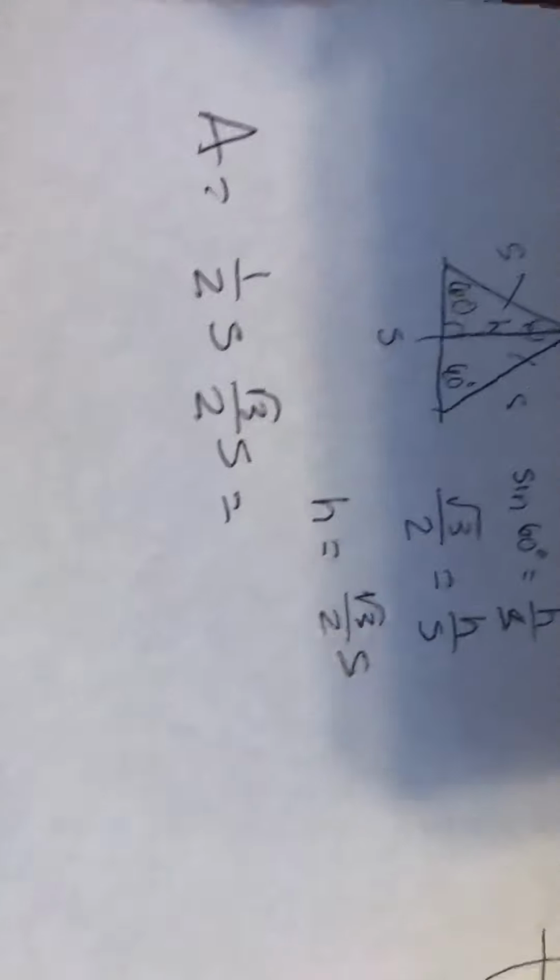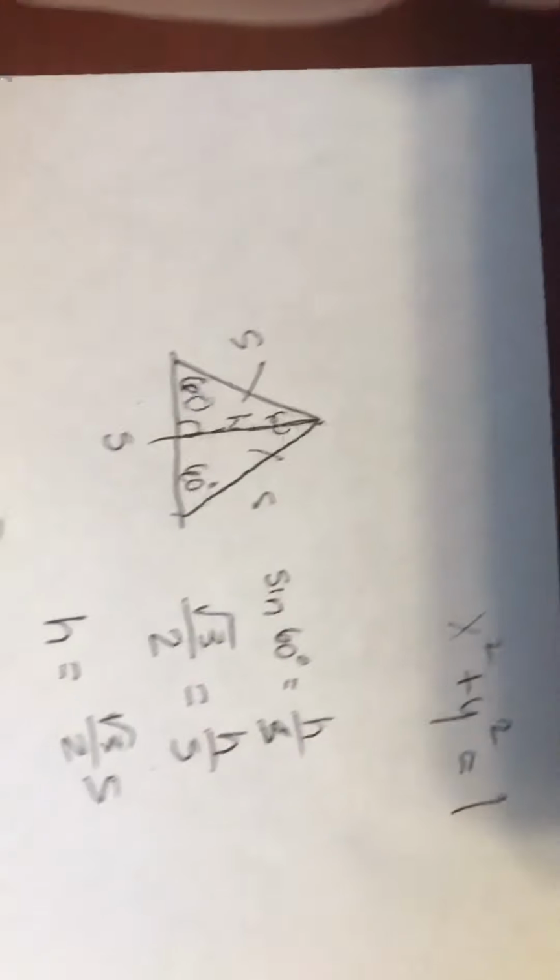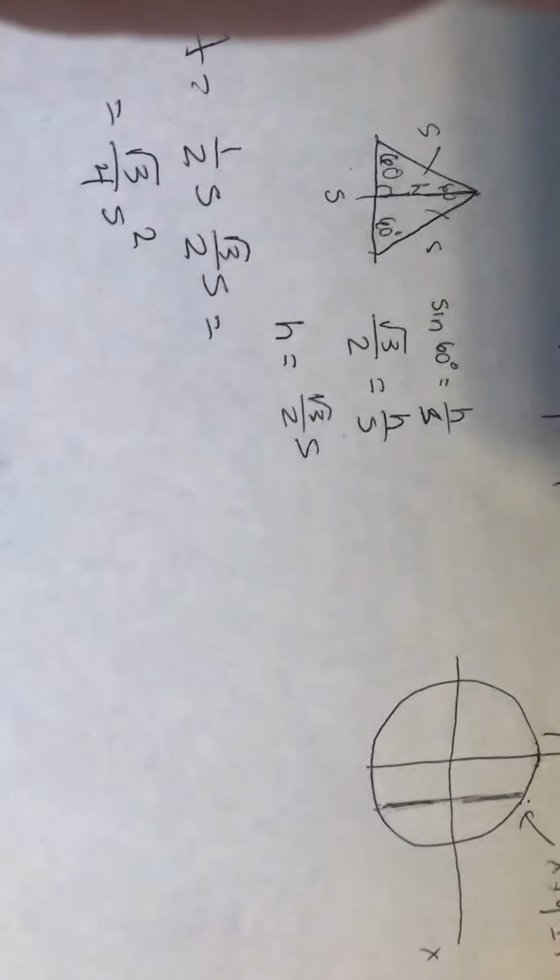So H then, in terms of S, would be square root of 3 over 2 times S. To find the area of our equilateral triangle, it's 1/2 the base, which is S, times the height, which is the square root of 3 over 2 S. So the area of any equilateral triangle is square root of 3 over 4 times s squared. All right, that is the area of any equilateral triangle.